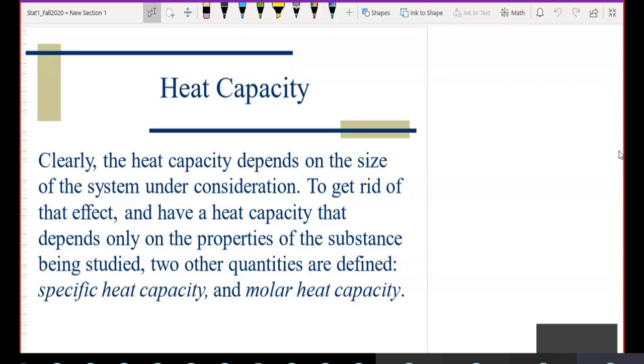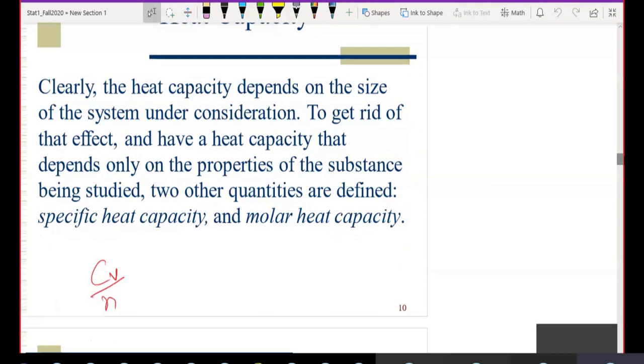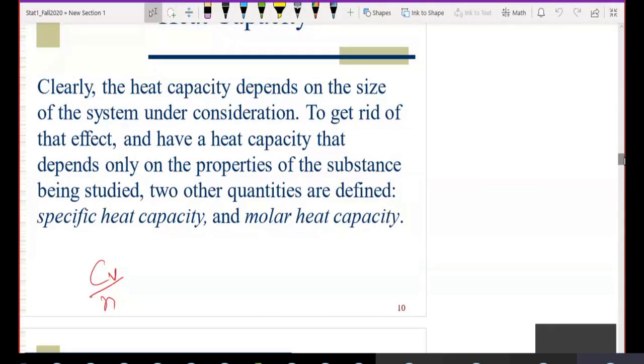And then if you define it that way, Cv, that is capital Cv now, and you are dividing it with N here, then it becomes small Cv, and that is molar specific heat.